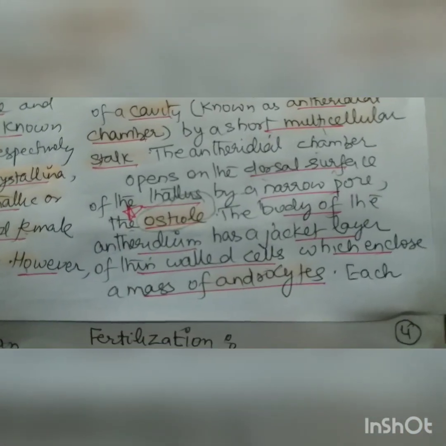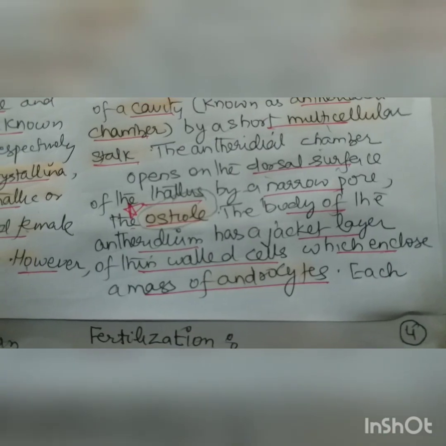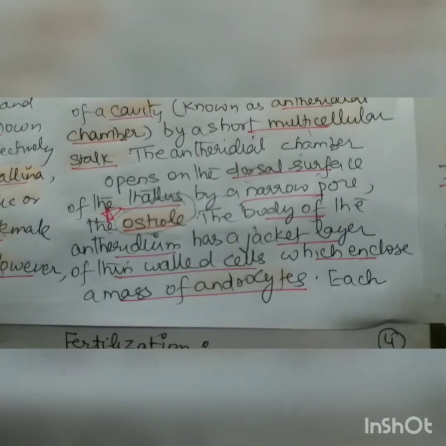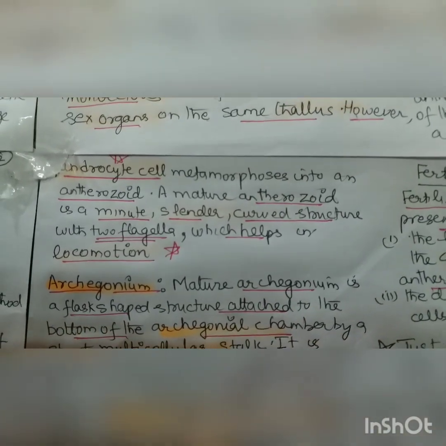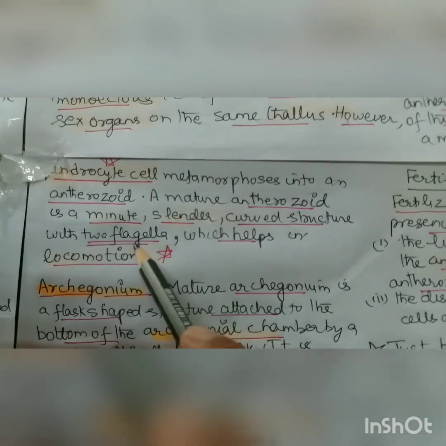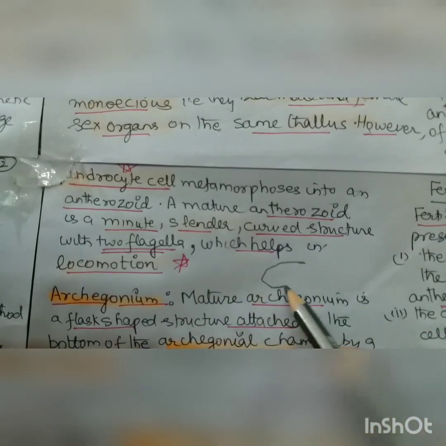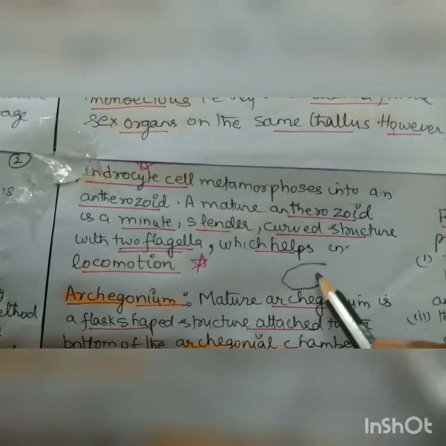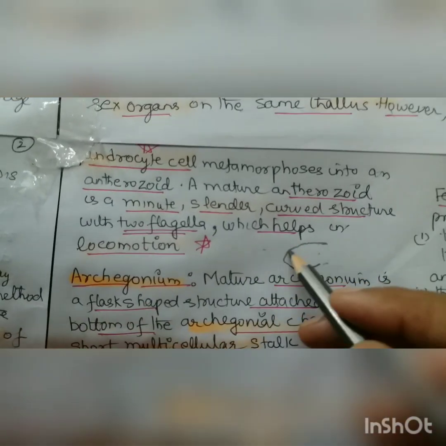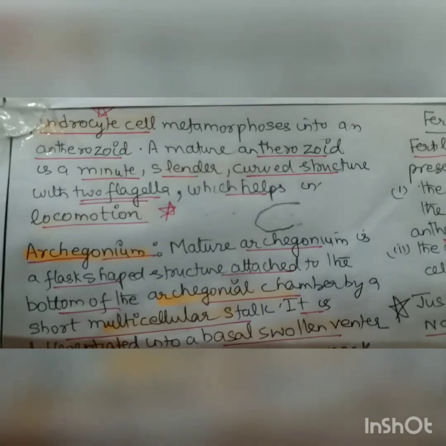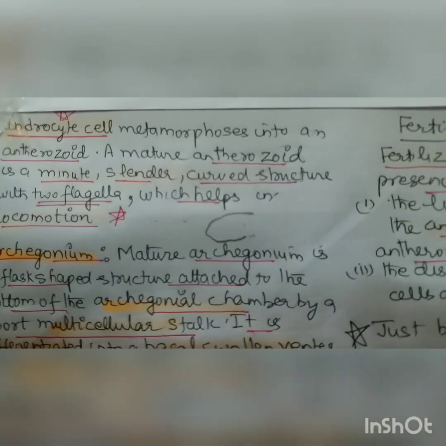The body of the antheridium has a jacket layer of thin-walled cells which includes a mass of androcytes, and each androcyte metamorphoses into an antherozoid. Antherozoids are mature, minute, cylindrical, curved like this, with two flagella, right? With their help it does the locomotion, right?